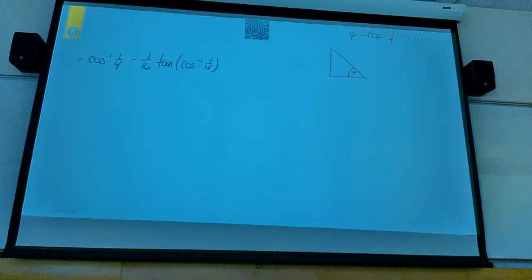One quarter. In terms of right triangle trigonometry, how is cosine defined? What's that missing line? Which is what? What's the actual measure?